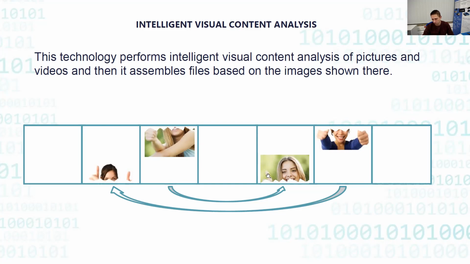When this picture ends, we see that another lady starts in the next block. So the algorithm understands that another picture starts here, and so this block shouldn't go after the previous one.